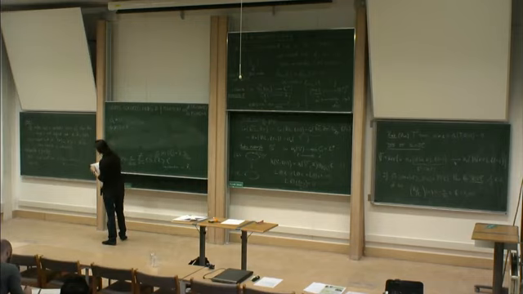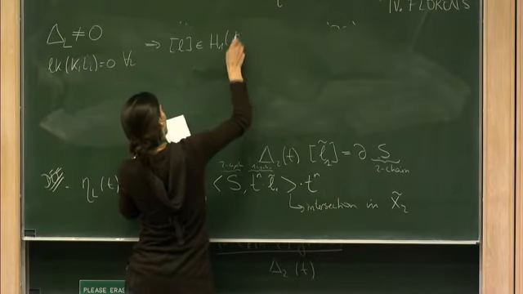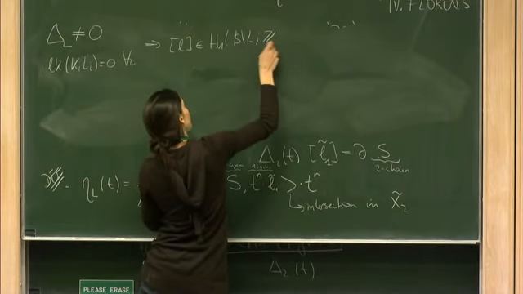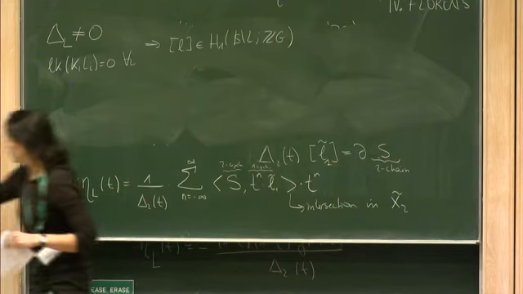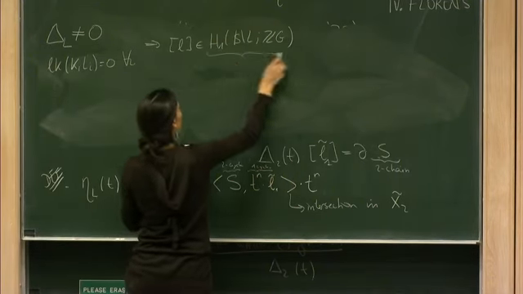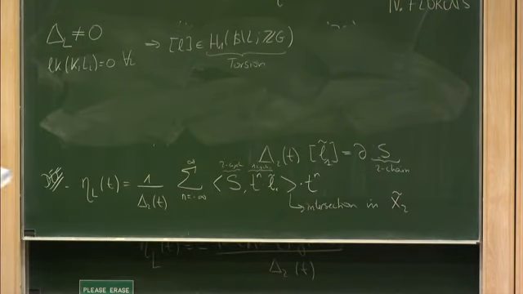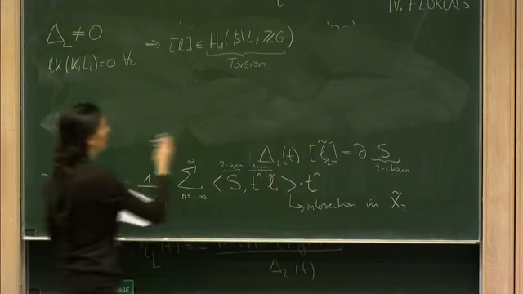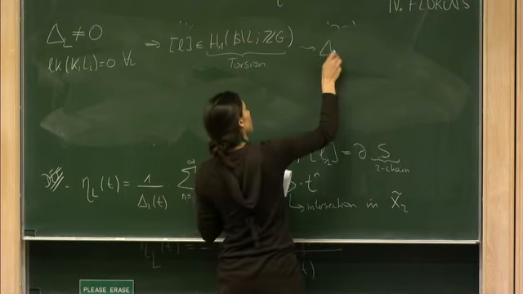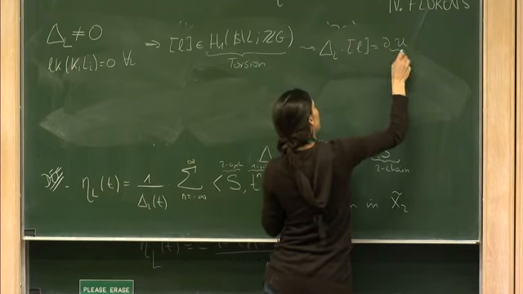This L was my preferred longitude of k as an element of H1 of S minus L with coefficients in this module, this ring. And here this is torsion again. The order being delta L. So again, as before, you can consider delta L times the class of L, and this will be the boundary of a two-chain.